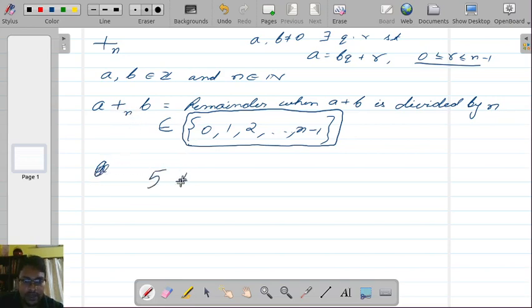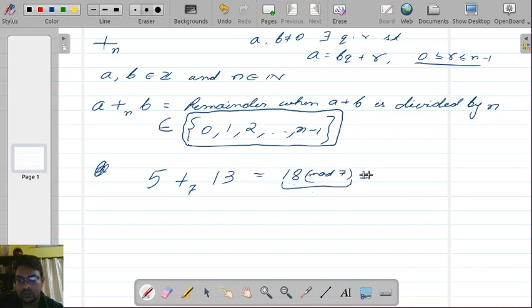Say something like 5 plus 13 modulo 7. What is that? 5 plus 13 is 18. We have to work out mod 7. So 18 mod 7 means the remainder when 18 is divided by 7. Here it will give us the remainder when 18 is divided by 7.